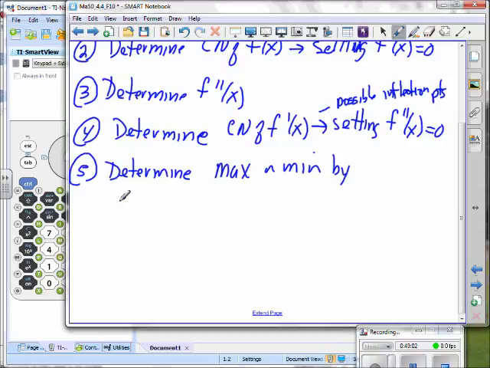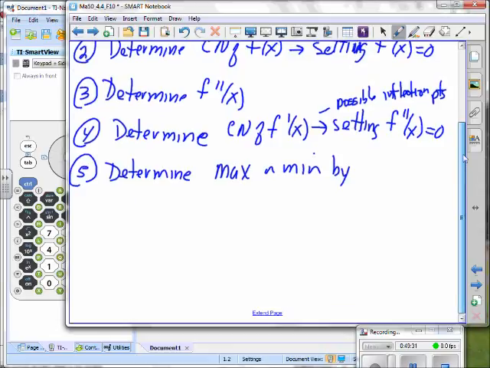Inflection point tells us change of concavity. If we know at this point that it's concave up because our second derivative is positive, concave up, it's positive, the function has a minimum, but we only know that because we put what into the second derivative? Critical number of the function, we actually say.